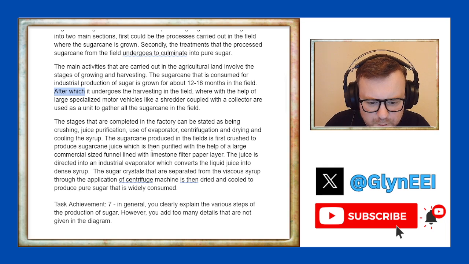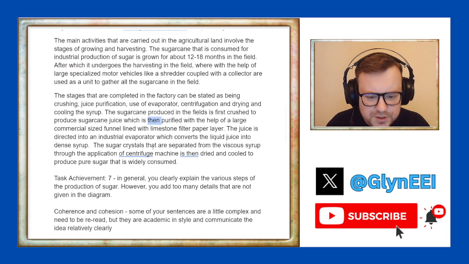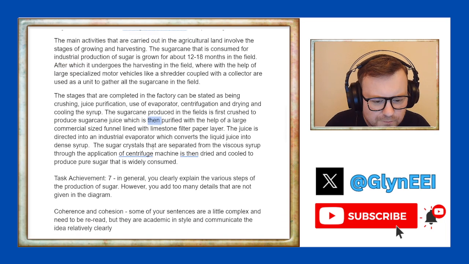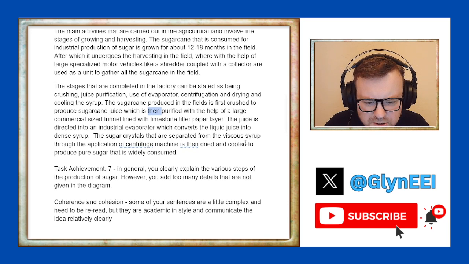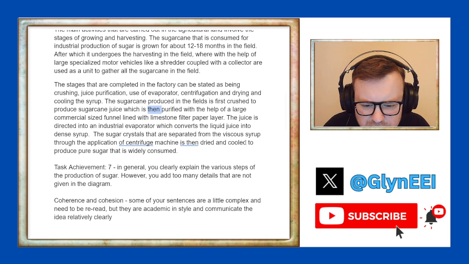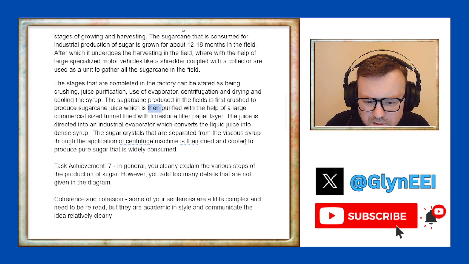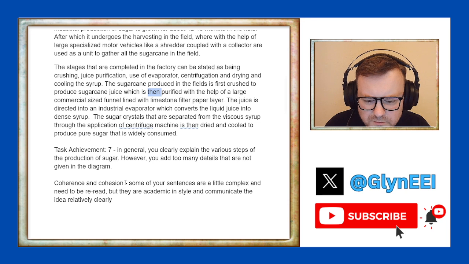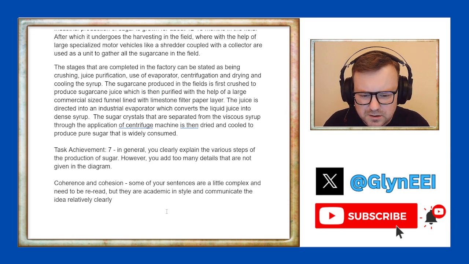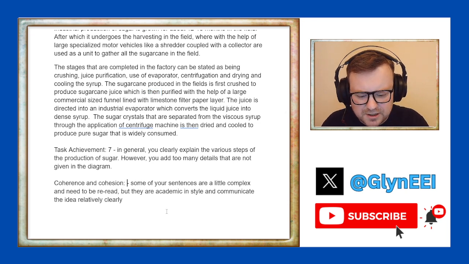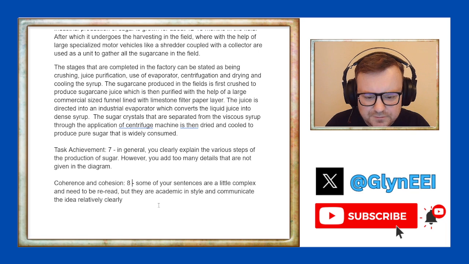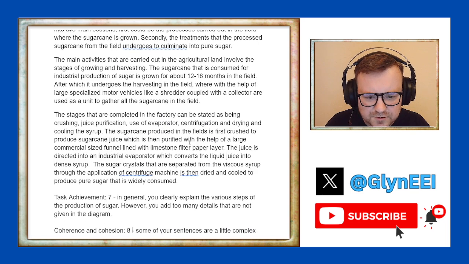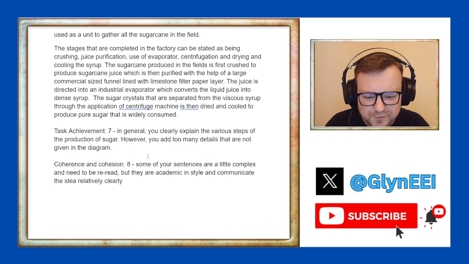We get simple words like then, which help with the sequence. So yeah, in terms of cohesion, it is cohesive as a text. So I guess there is enough in there for an 8. Very easy to understand. It is cohesive with lots of these cohesive devices. Probably enough for an 8.